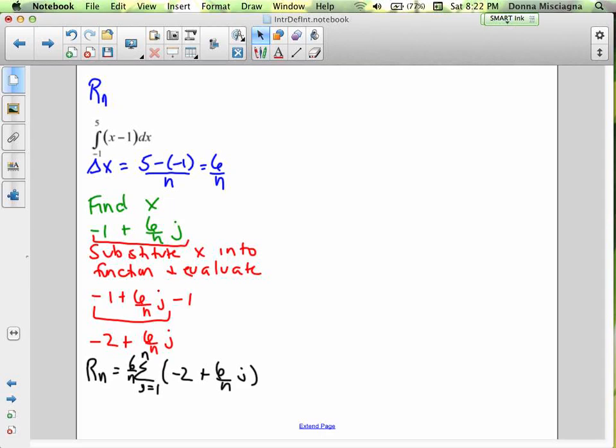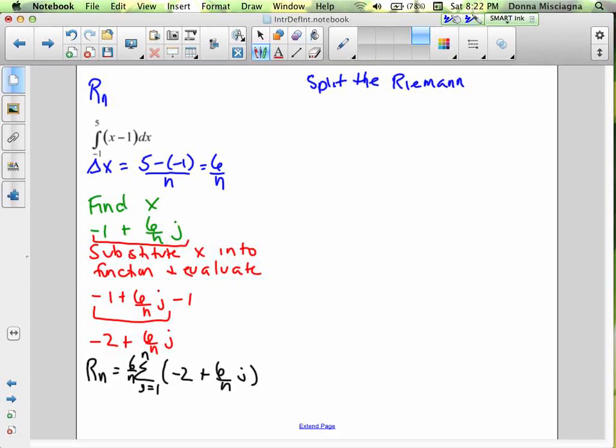All right, so now let's split that Riemann sum. So that's going to be 6 over n sigma j equals 1 to n, -2, plus 6 over n sigma j equals 1 to n, 6 over n j.